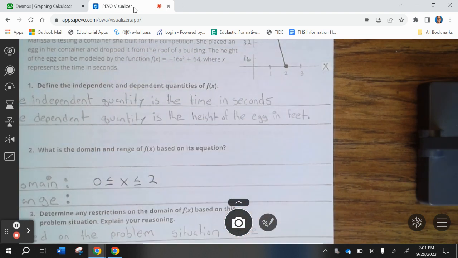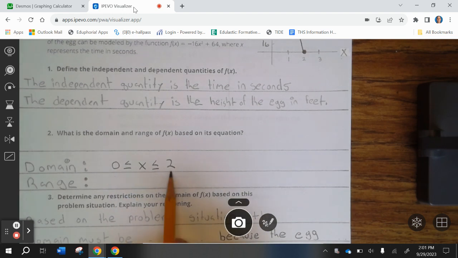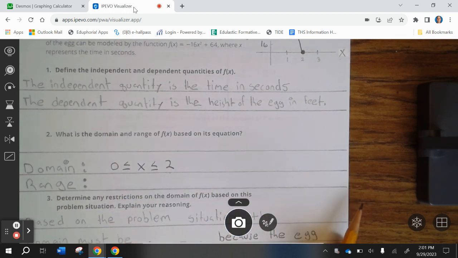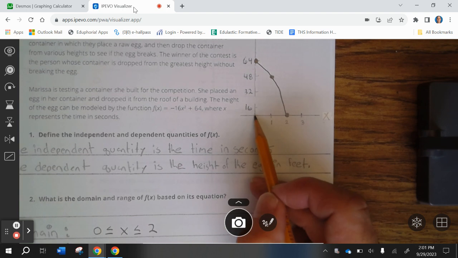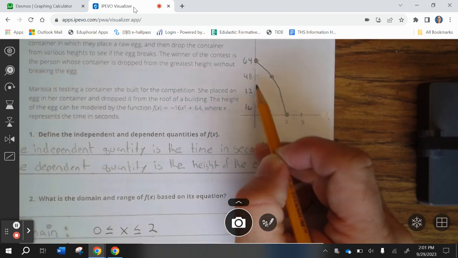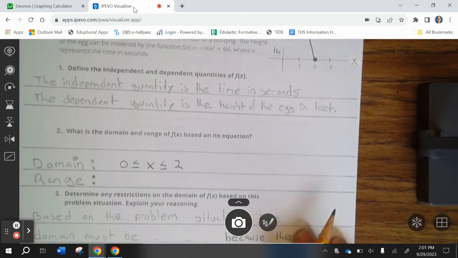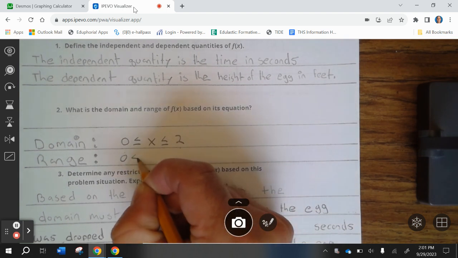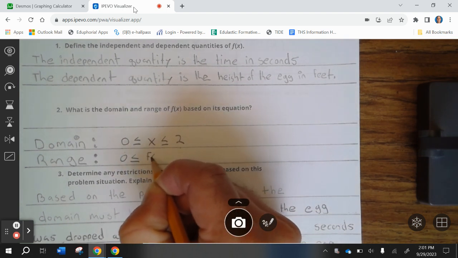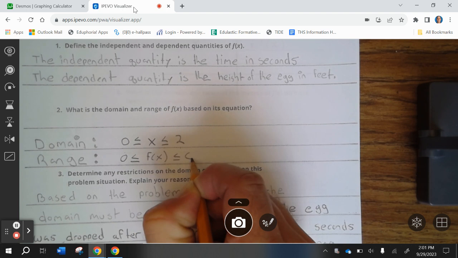So basically the egg was in the air from 0 to 2. Then the range would go from 0 to 64. That's the range of the height. So the range is 0 less than or equal to f of x less than or equal to 64.